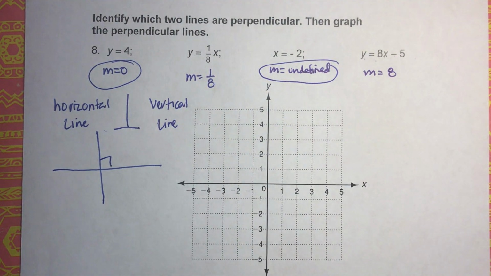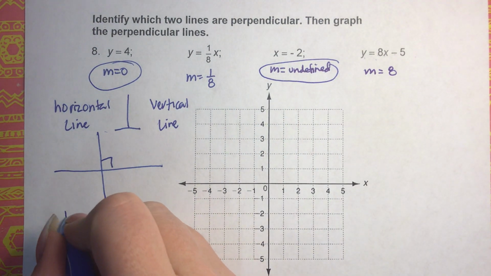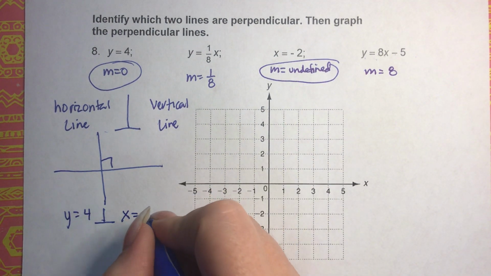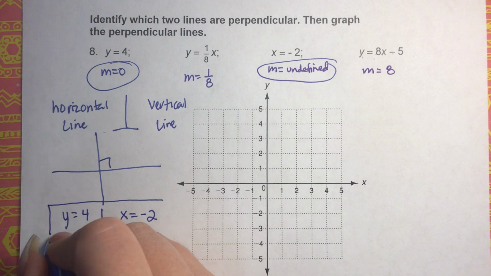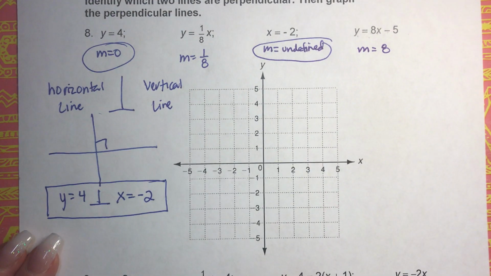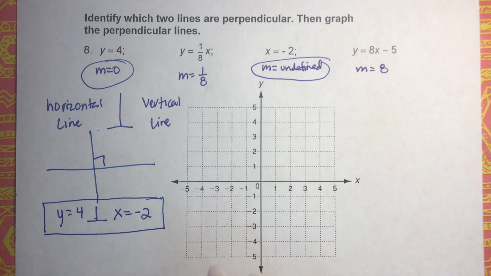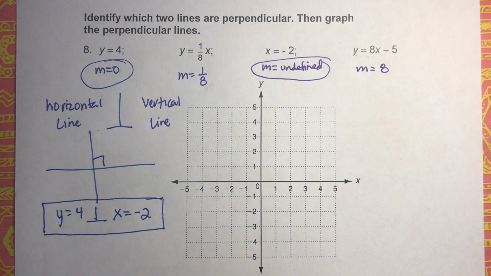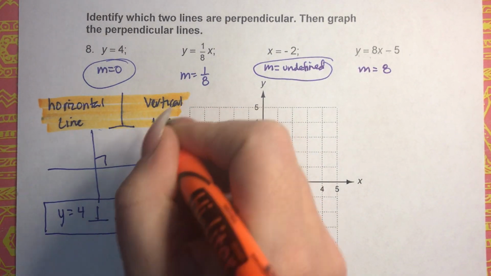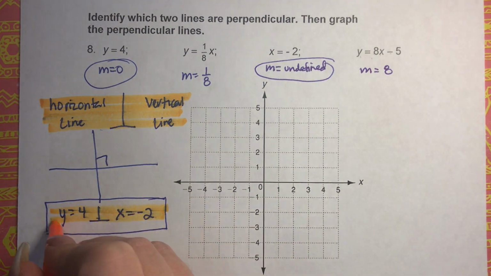So we can say that y equals 4 is perpendicular to x equals negative 2. That's kind of like the little extra tidbit with the perpendicular lines. Horizontal lines and vertical lines are perpendicular to each other. So you have to remember that. So there's our answer.